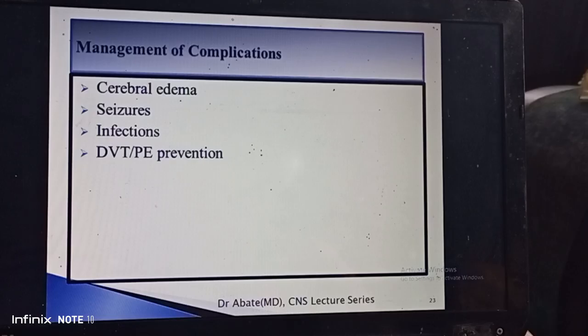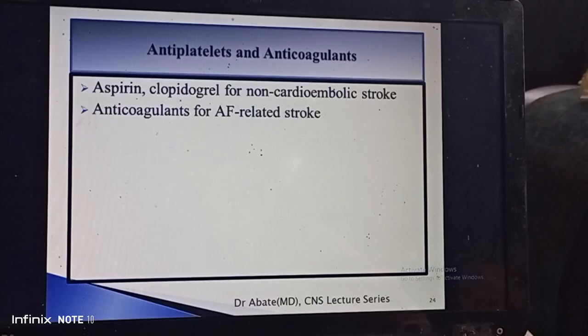You have to advise the attendants of your patient to do bedside physiotherapy and ambulation as well. That is a very important practice to prevent DVT as well as pulmonary embolism, which might put the patient at risk of death.